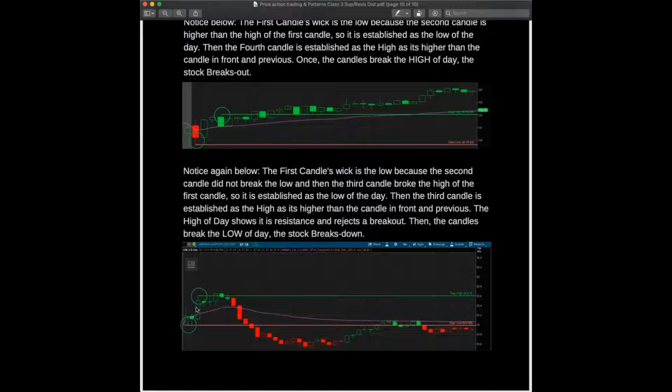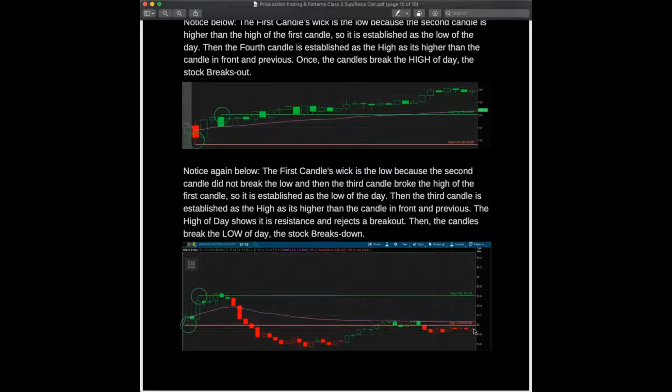Okay. Now the third candle, because it made a high and the fourth candle made a lower high, that means our third candle is our day's high. So here we had our sixth candle come and break above our high, but then our seventh candle came back inside and rejected that high and sold off hard, and then broke our low, and then came down and hit that day's low and just chopped around and consolidated on it.